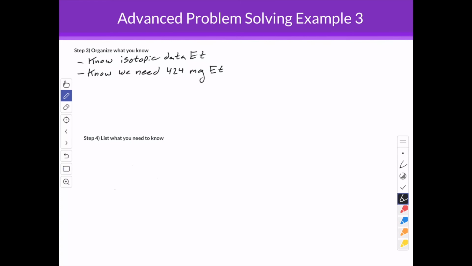What do we need to know? Well, we need to know the average atomic mass of ET. We need to know milligram, nope, that would be megagram.